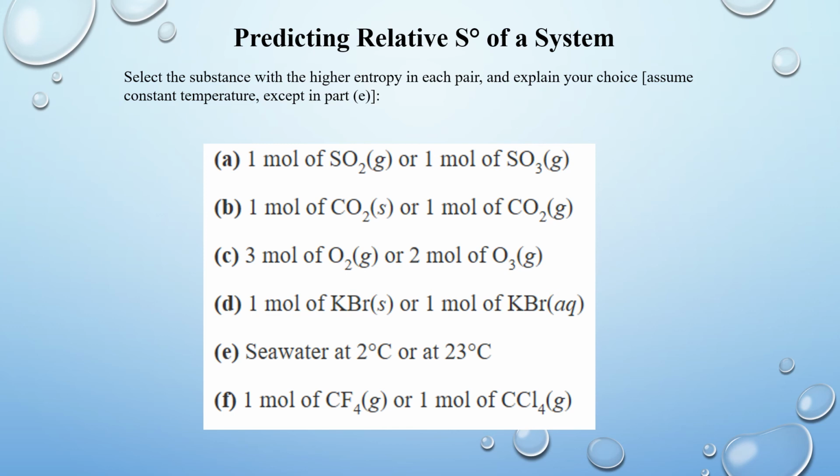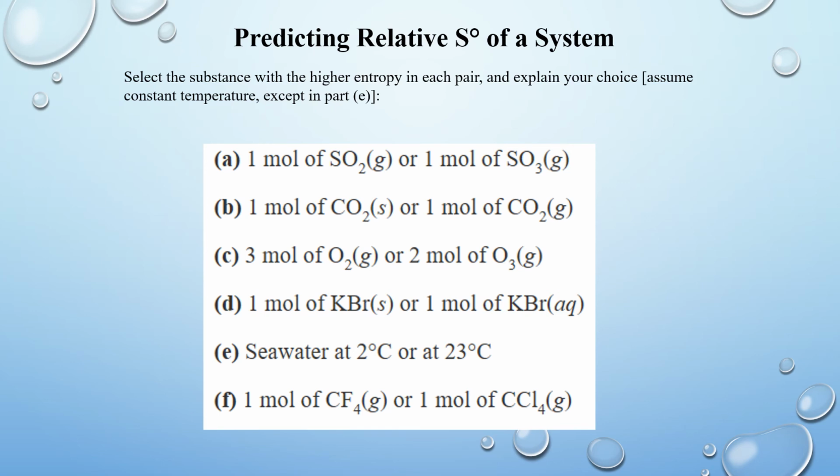In these 6 pairs, we want to pick the one in each pair that has a higher entropy or higher freedom. For all of them, you assume they have the same temperature other than E, because E has a different temperature.